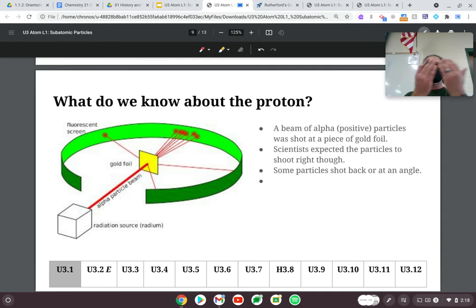So prior to this particular experiment, we thought that all of the positive charge was basically just spread out throughout the entire atom. But what we found out was that the positive charge was centered in the center of the atom.